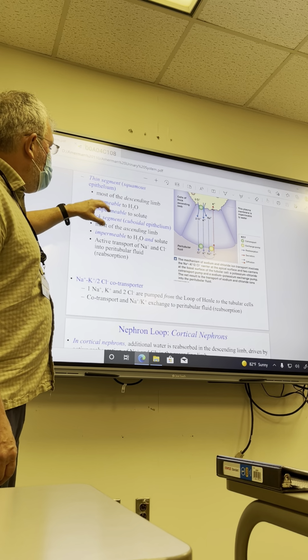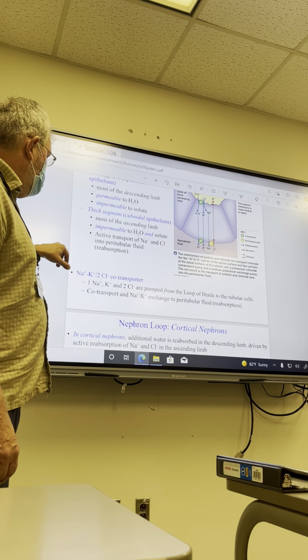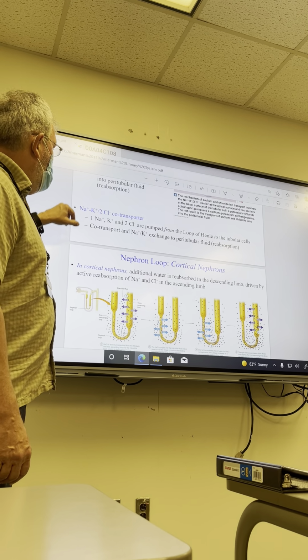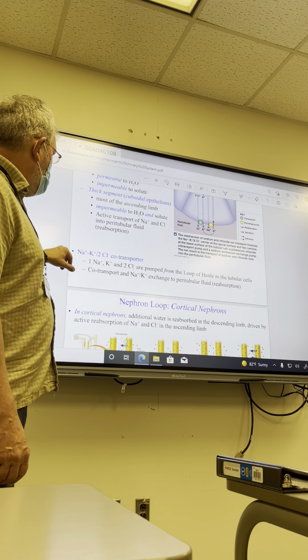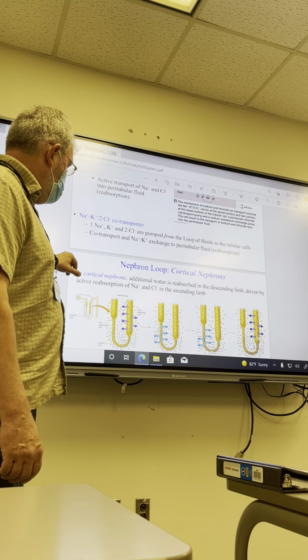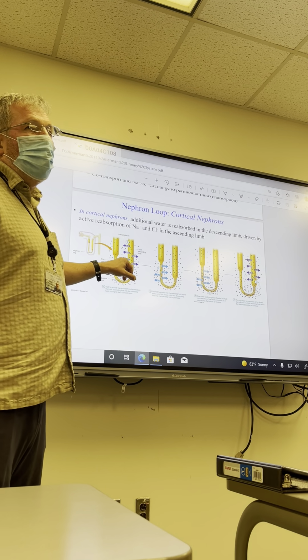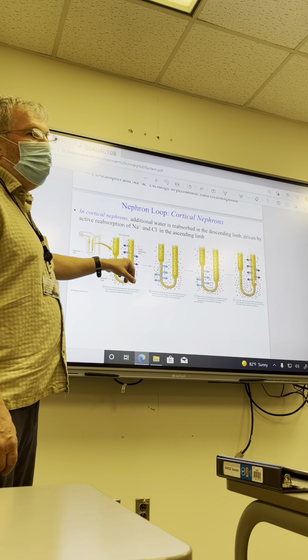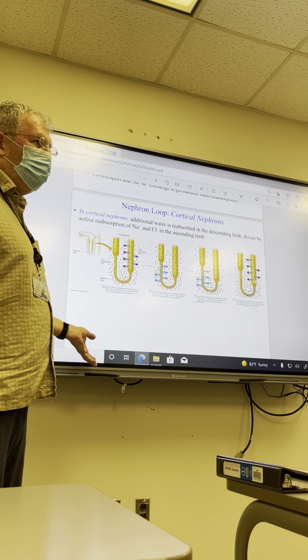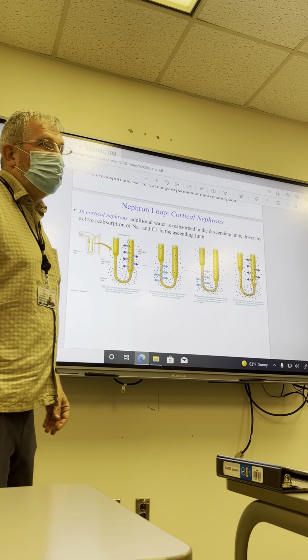Most of it is this thin segment. Whereas the ascending limb is full of pumps for what? Sodium and chloride. You can see all the sodium chloride pumps pumping out sodium and chloride from which limb here? From the ascending limb.